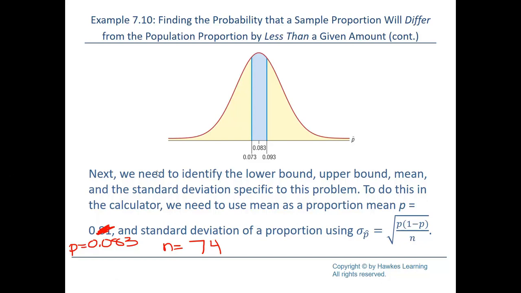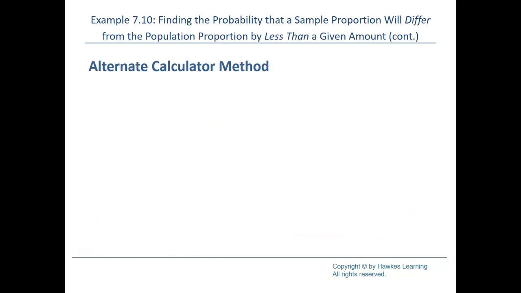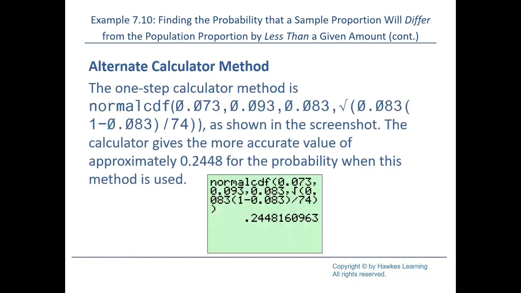So we're differing from our population proportion by 1%, and we're looking for what's in between here. So our lower bound is here and our upper bound is here. As I do my calculator, again, it's all basically one big step. You put your lower bound in, your upper bound in, your population's sample proportion mean there, and then you've got your standard deviation of that sample proportion.